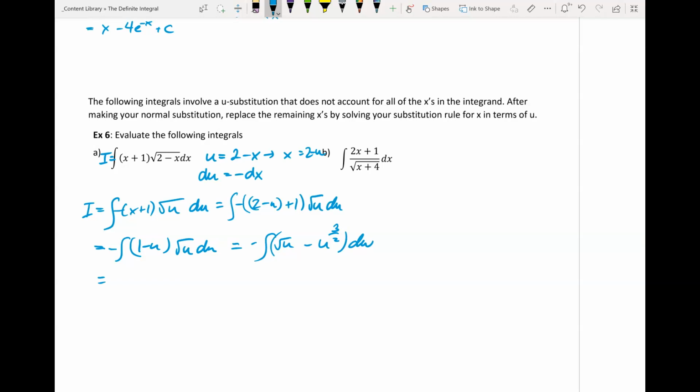Now we can integrate. So this will become, well, this is u to the half, so I had to add 1 to that. That's 3 over 2 multiplied by 2 over 3, minus u to the 5 over 2 times 2 over 5, plus some constant.